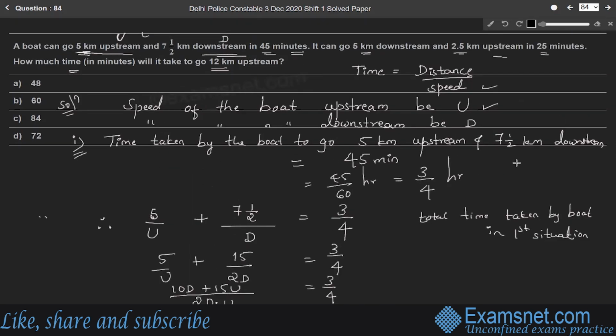So in the next situation, in the second situation, the boat can go 5 km downstream and 2.5 km upstream in 25 minutes. So in the second situation, the total time taken by the boat is 25 minutes. So based on that, we have to find the time taken by the boat downstream and the time taken by it upstream, right?